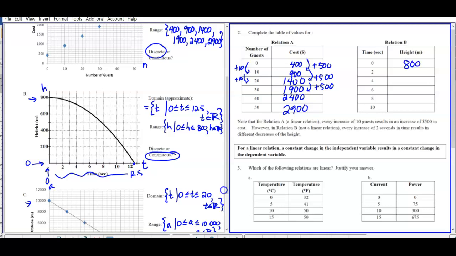Time equals 2 looks to be about 780, so we have to estimate a little bit. 4 looks to be maybe about 720-ish. 6 looks to be about 620. 8 looks to be about 480. 10 is easy to find, that looks to be about 300. So now, as we're increasing these by 2 each time, this is decreasing by 20 in the first one.